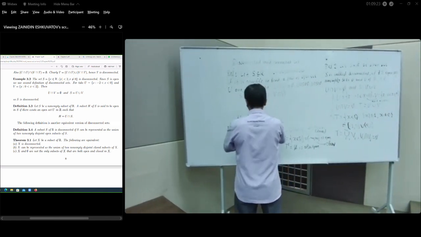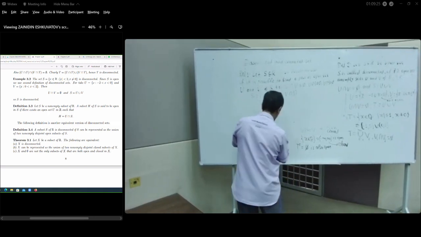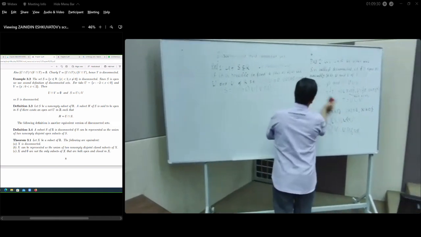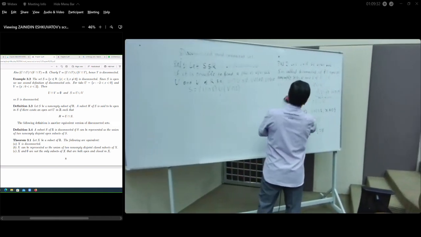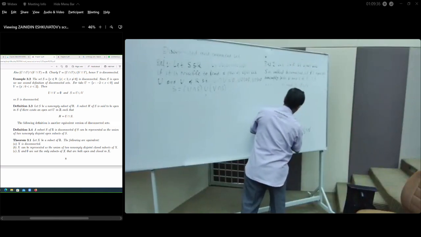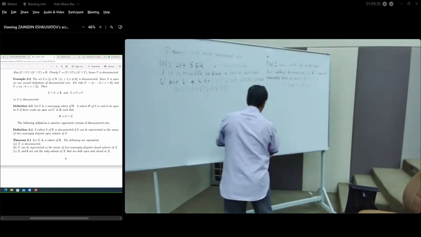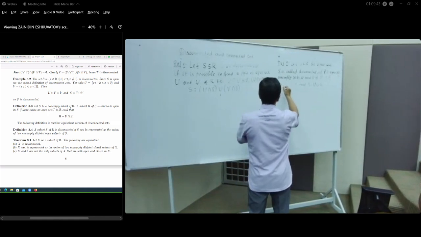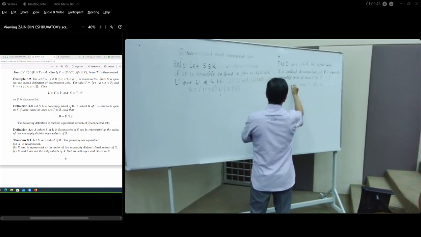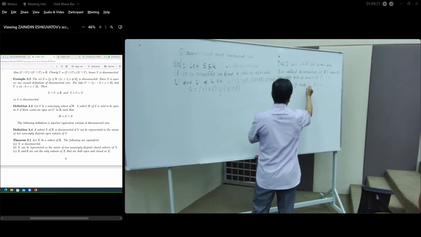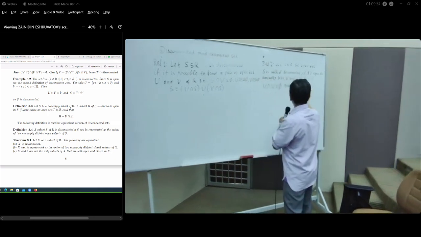There is a theorem. Now this is U intersection V empty. So this is the second definition. Please pay attention here.